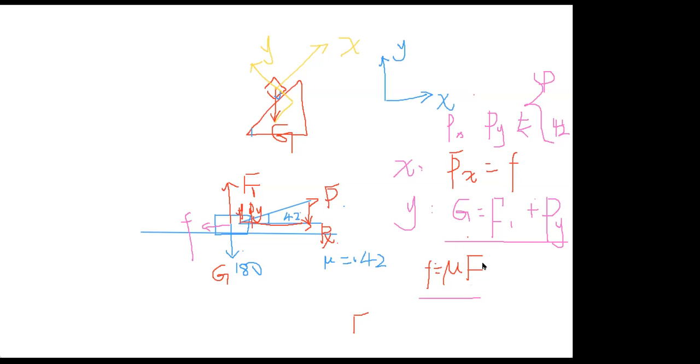Oh yeah, you're right. So if you write everything together, then you see Px equal to F: P cosine 42 equal to mu F. The mu F equal to G minus Py. So Py you also use P sine 42 to represent. So now you use P to represent all the unknown numbers.